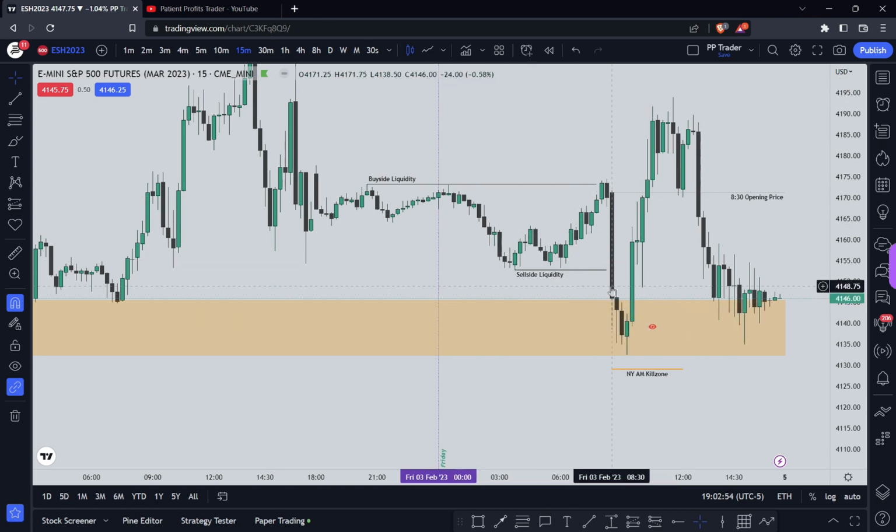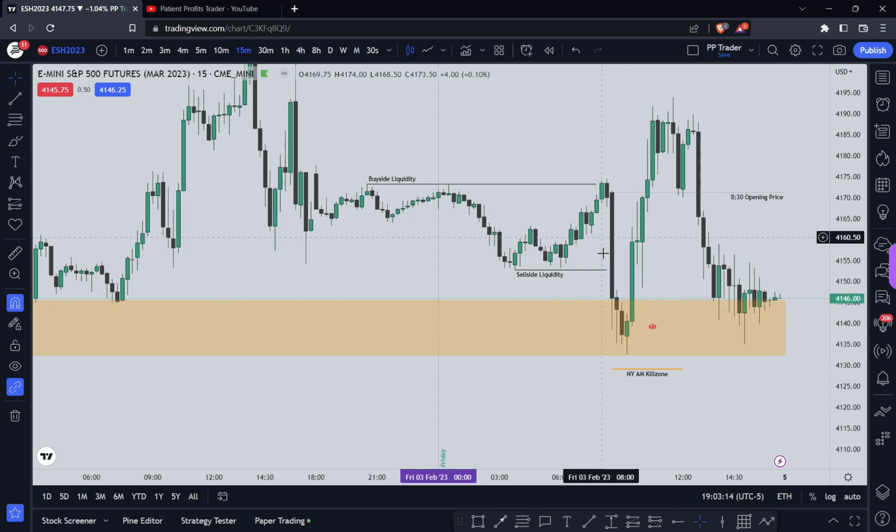Okay, and we completely redeliver to the daily volume imbalance almost to the tick. There's just a little space. It's practically filled it entirely. So we take out these relative equal highs and then we tank taking out these relative equal lows.